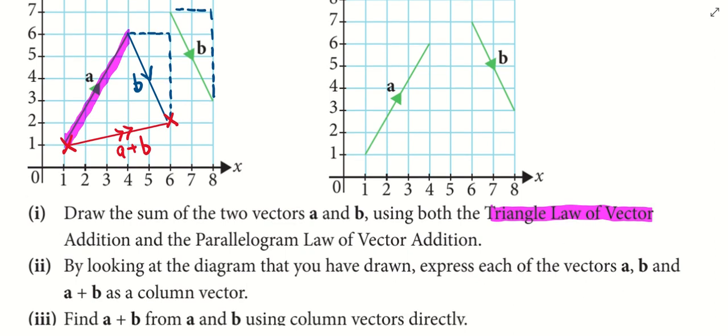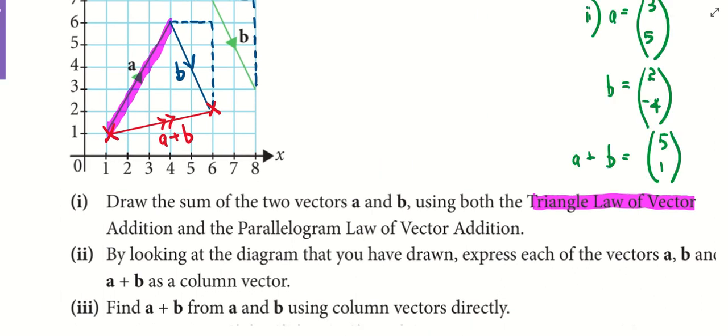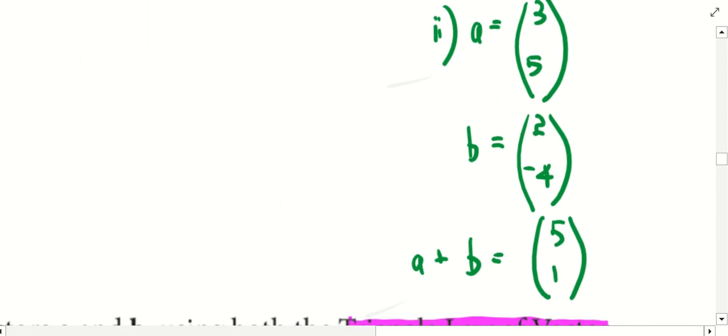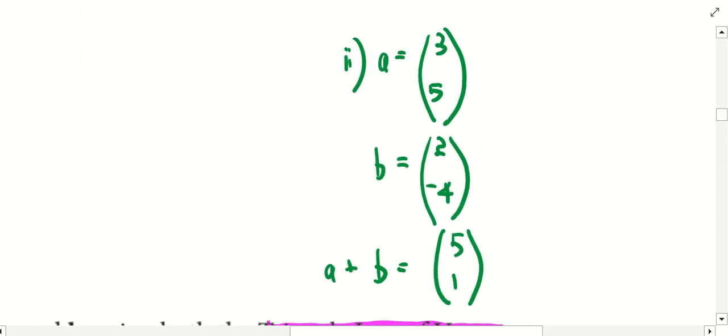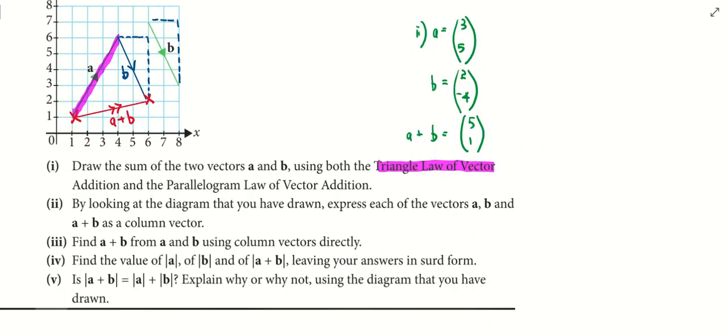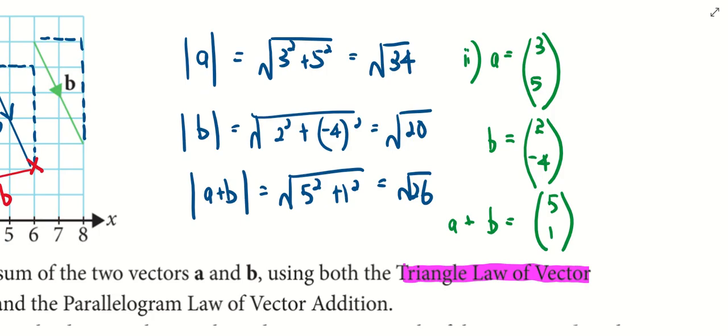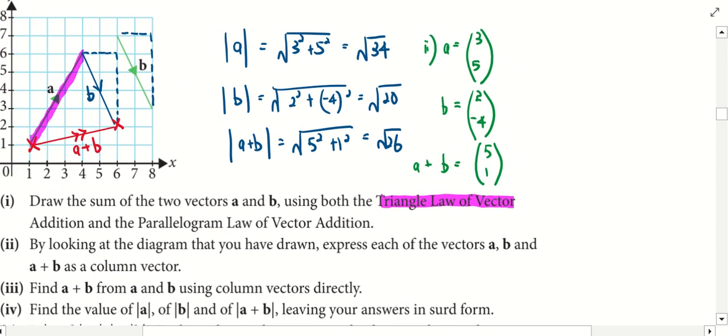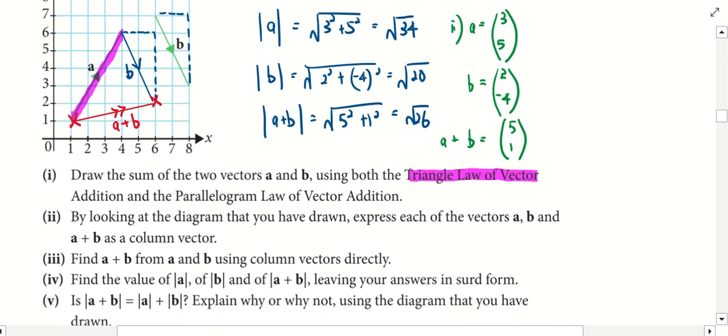Okay, now from the diagram, please write down your column vector for A, B, and A plus B respectively. You can clearly write down the respective column vectors from the diagram. This is not an issue. So we zoom into part 4. We are supposed to find the magnitude of the 3 column vectors. You will realize, after you get all the magnitudes of the respective vectors, leave your answer in surd form.